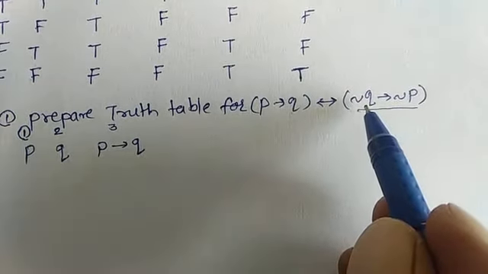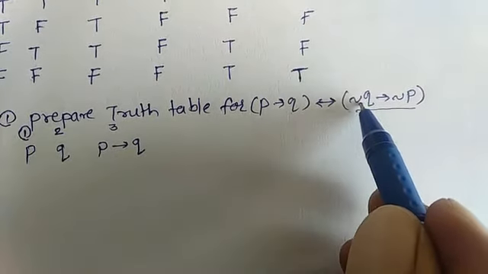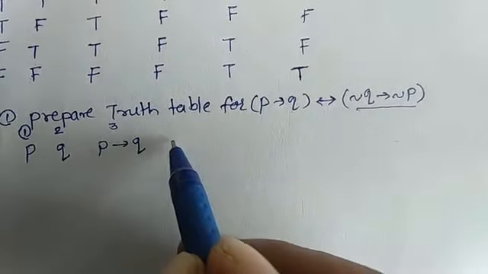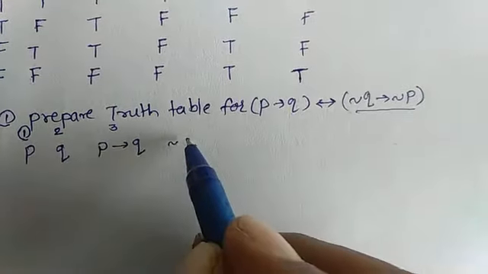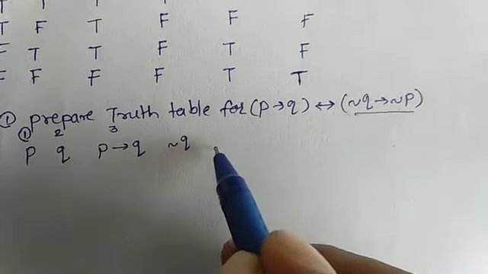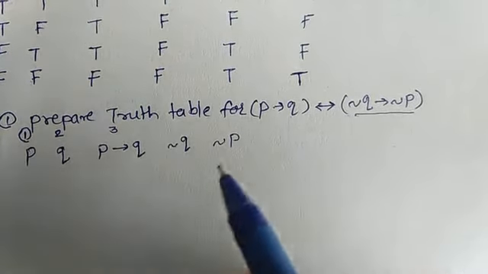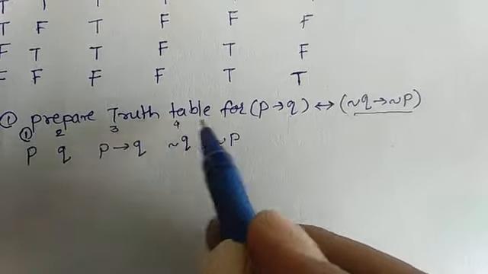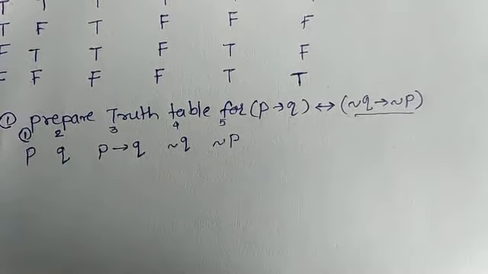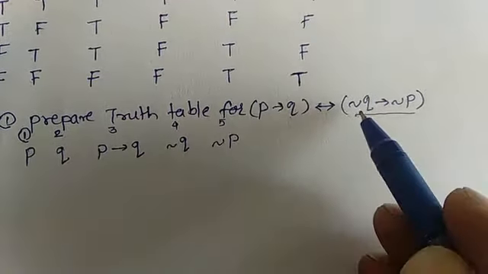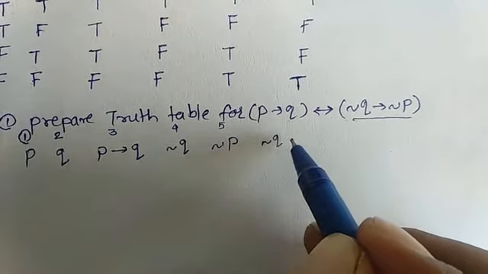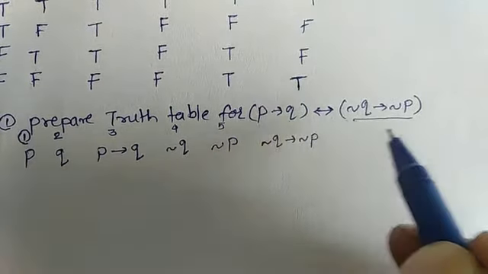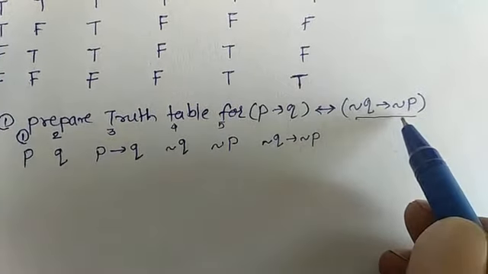For that you require negation P and negation Q. So first we write negation Q, and after that negation P. Column number 4, column number 5. Now it is negation Q implies negation P, so you write negation Q implies negation P, so that this bracket is completed.